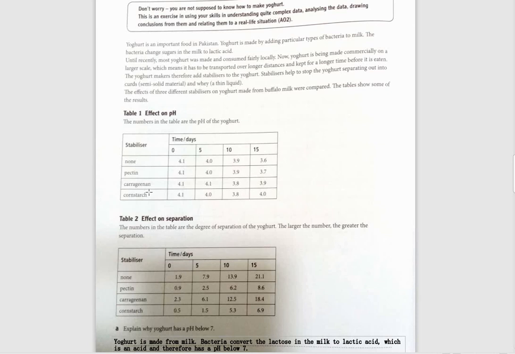And the stabilizer carrageenan, this one actually reduced really slowly, 4.1, 4.1, 3.8, 3.9, compared to this one. It's like a 0.3 difference, and then there's like 0.1.